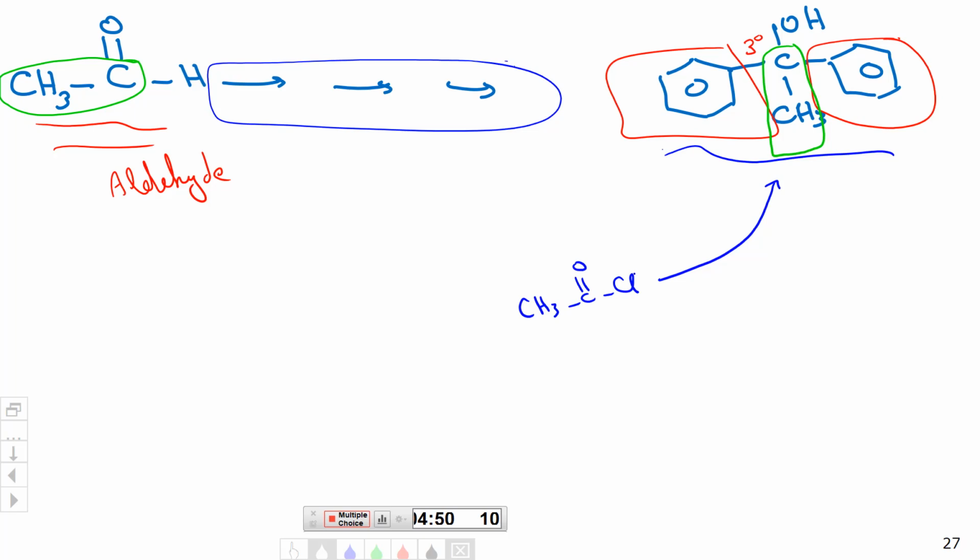Not that it is wrong if you say an ester, and I'm going to draw that. And whatever is left is the 2 equivalents of Grignard, which are the 2 phenyls, which is the benzene ring, that are added to the carbon of the carbonyl of that. To get to this, I know that acid chlorides are prepared from carboxylic acids.